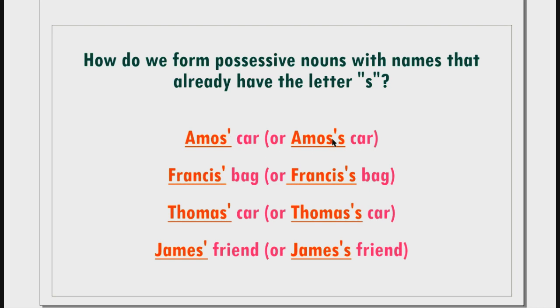This is also acceptable: we add the apostrophe and we add another letter S. Amos's car. Francis' bag. Francis's bag. Thomas' car. Thomas's car. James' friend. James's friend. So either way, we can form the possessive nouns with names that already have letter S in the spellings.